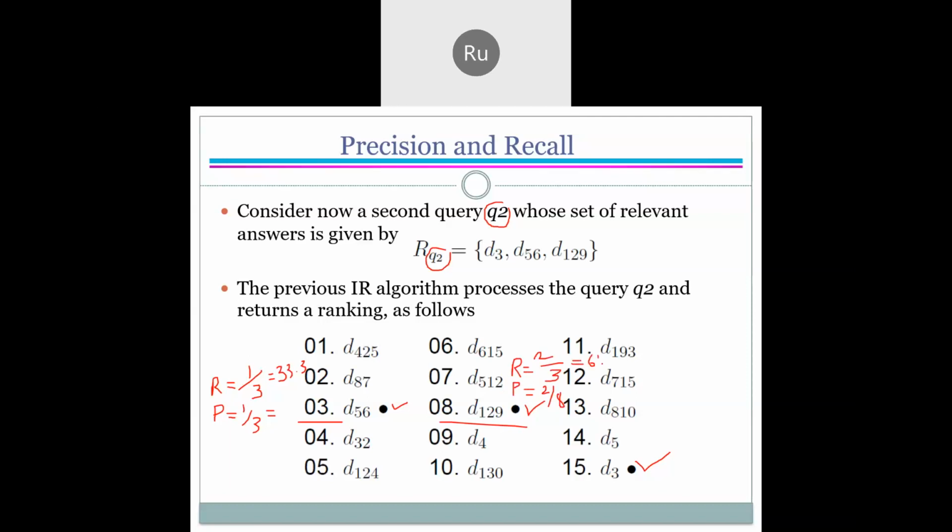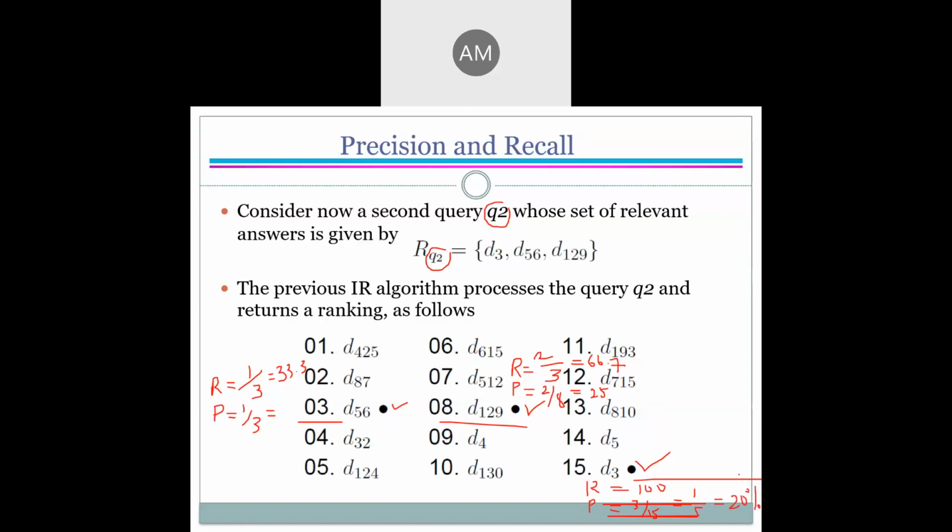So this is 66.7 recall, and the precision is 25%. When we are here, what is the recall? 3/3, 100%. What is the precision? 3/15. So what is 3/15? This is 1/5, right? 20%.